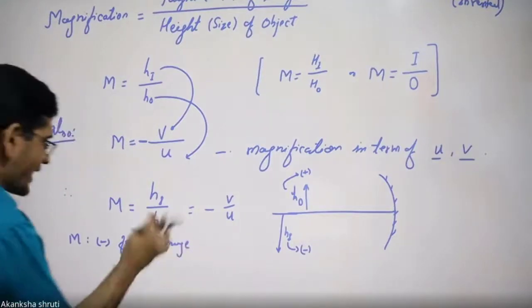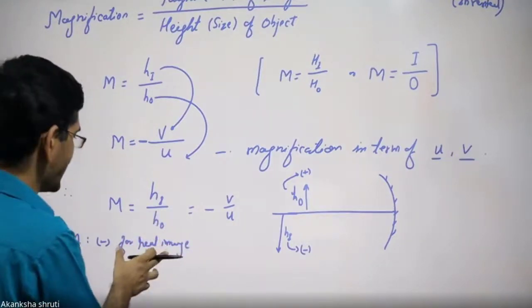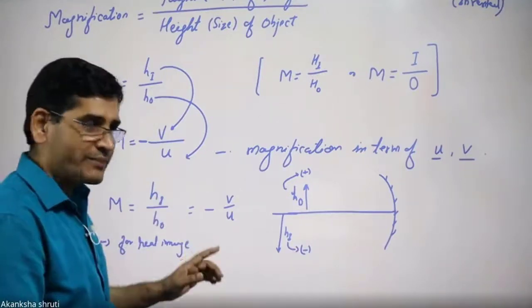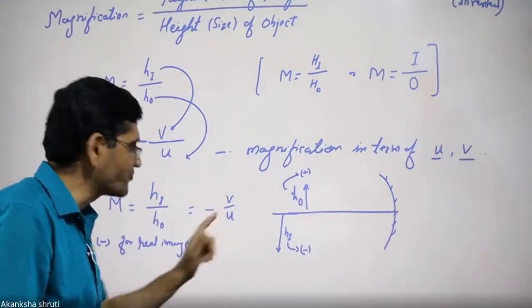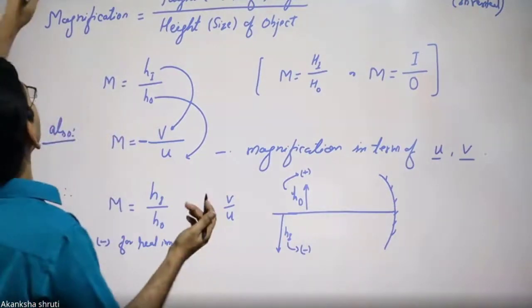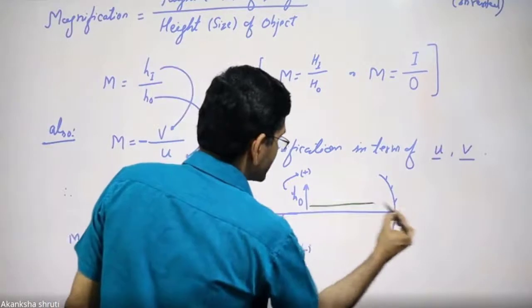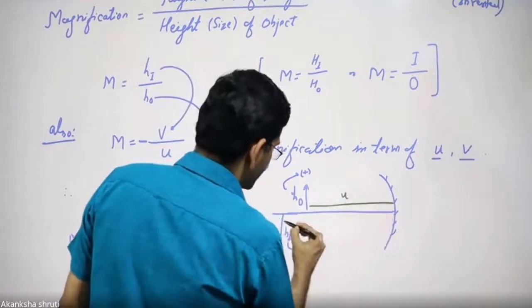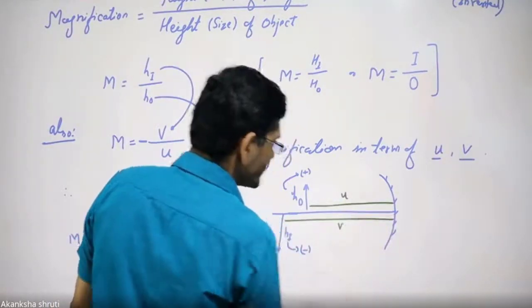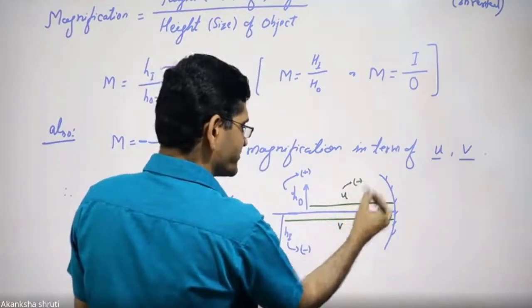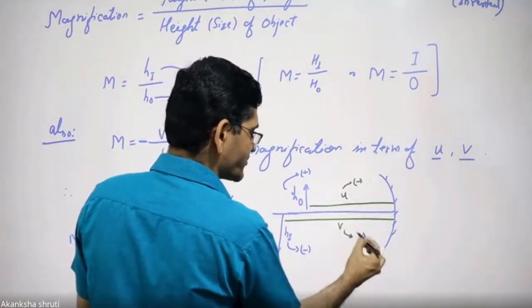Students, here I have explained this with the help of HI and HO. You can also understand this in terms of V and U. Now I am considering in terms of V and U. Here this is our U, this is our V. With numerical values, U will be taken negative, and V will be taken negative.